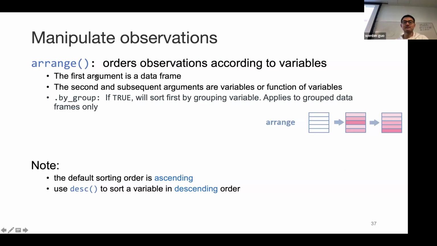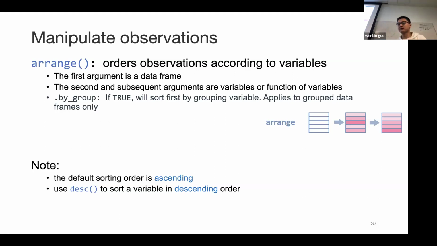Again, the first argument is a data frame, and the second and subsequent arguments are variables or functions of variables. If you put two variables into arrange, variable 1 and variable 2, it will arrange based on variable 1 first, and if there are ties in variable 1, it will use variable 2 to do the ranking.